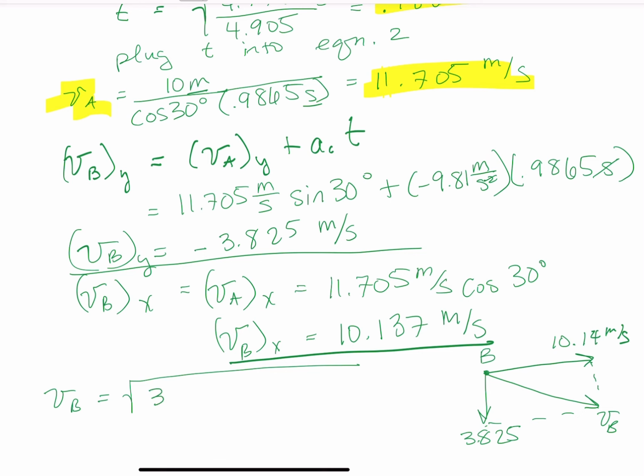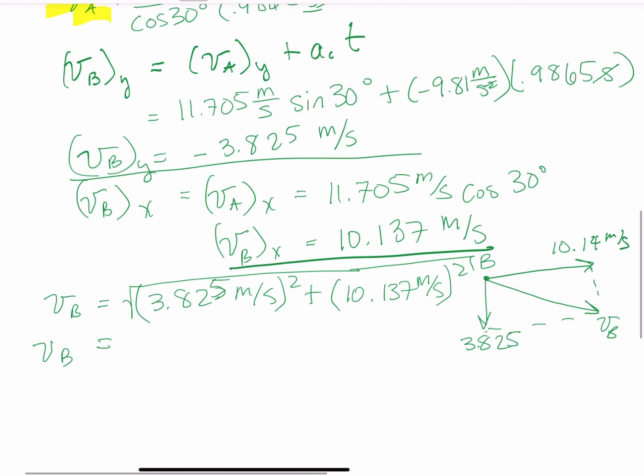So the square root of 3.825 meters per second squared plus 10.137 meters per second all squared. And so that'll give us that VB. That gives us 10.83 meters per second.